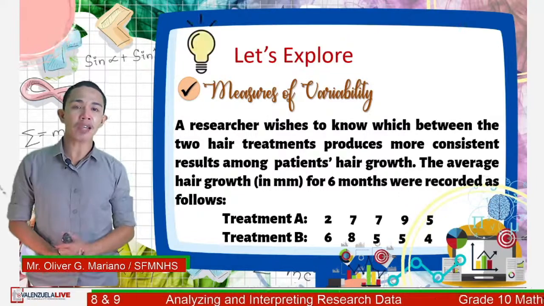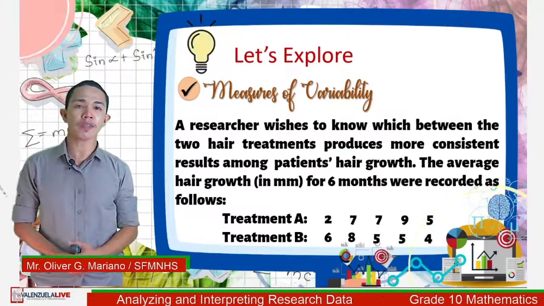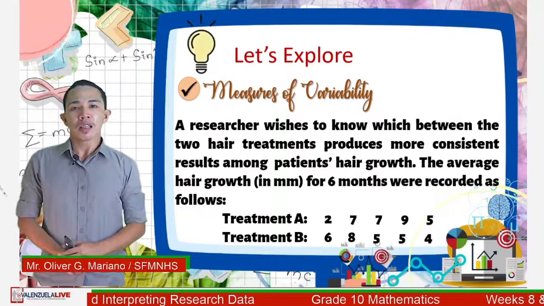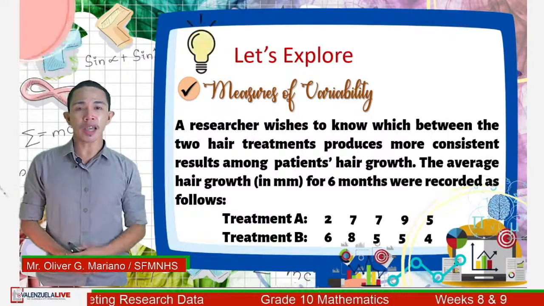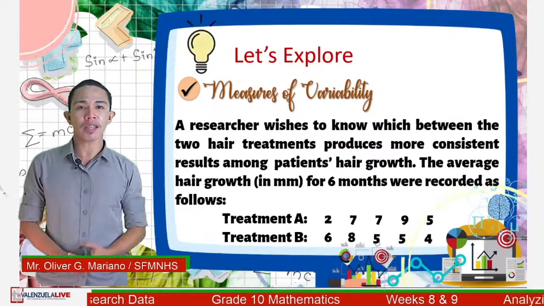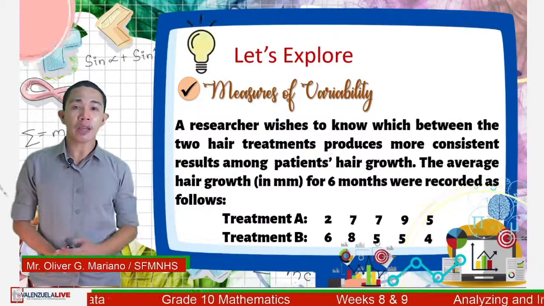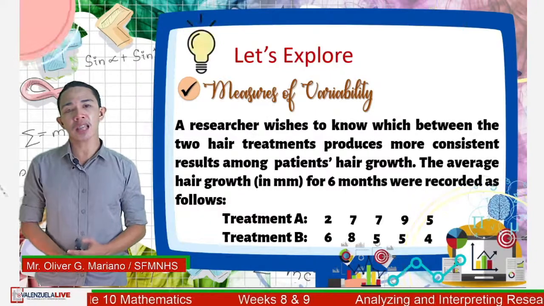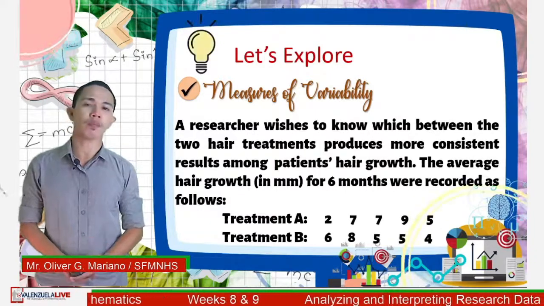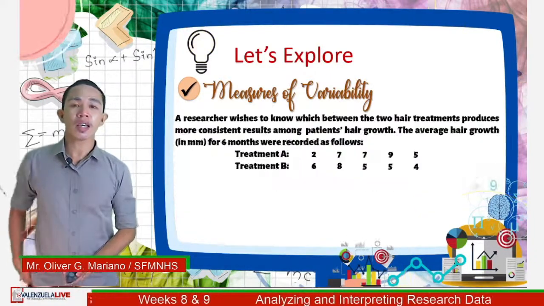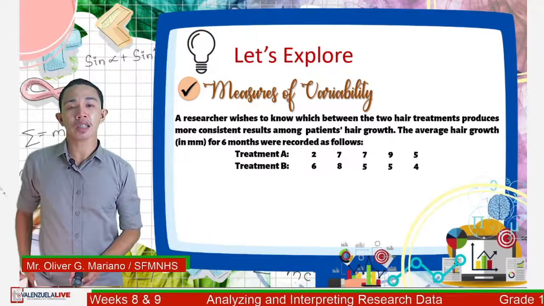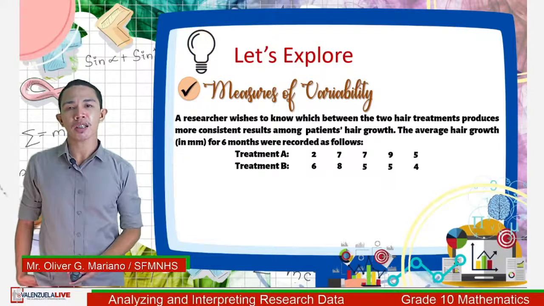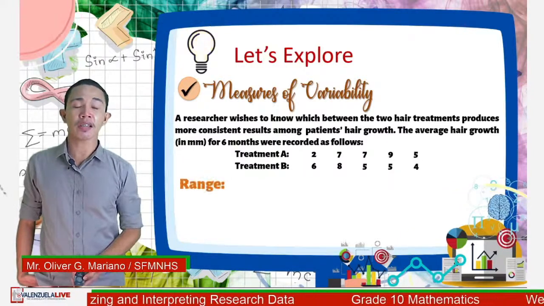The average hair growth measured in millimeters for 6 months were recorded as follows. Those who underwent treatment A had 2, 7, 7, 9, and 5, while those who underwent treatment B had 6, 8, 5, 5, and 4. Let us look at how treatment A and treatment B compare in terms of their range.